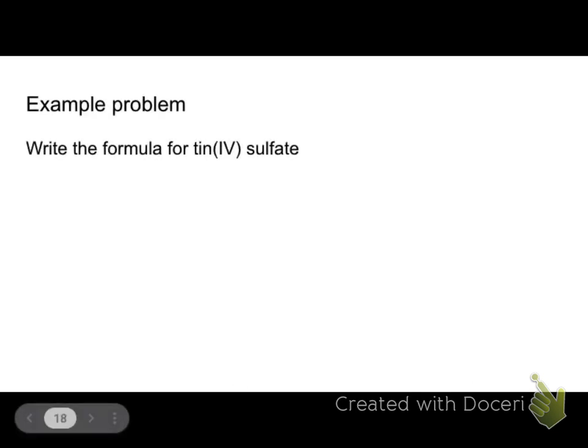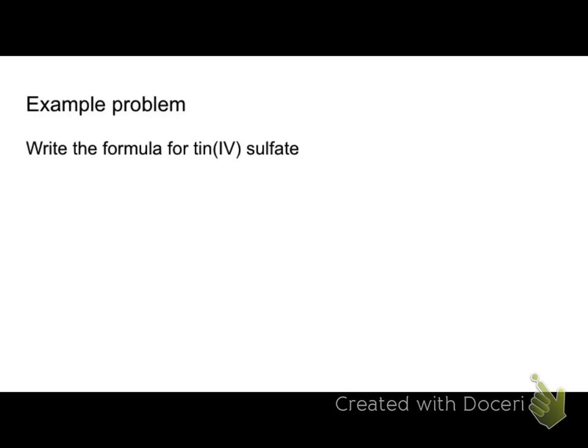Write me the formula for tin 4 sulfate. Now, the ending doesn't tell you how many oxygens it has. It tells you comparatively. So you're probably going to need to look up in your book the formula for sulfate and also its charge, so you can figure that out.